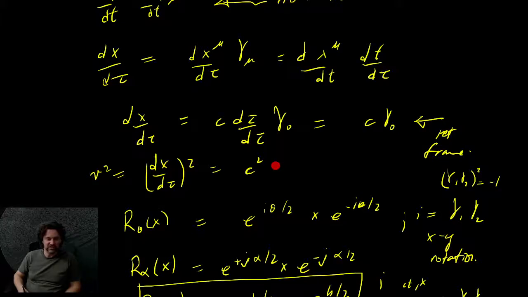So there's some rotation that we can make that will eliminate the spatial components of the vector, and if we do that, then we just get c squared as our proper velocity squared. And let's see how dx d tau in a different frame is then translated.